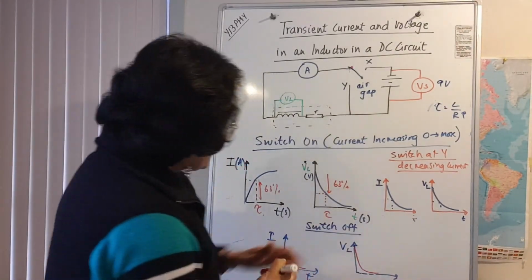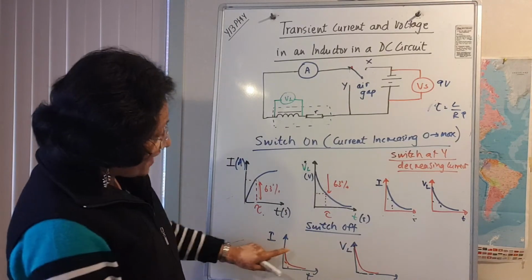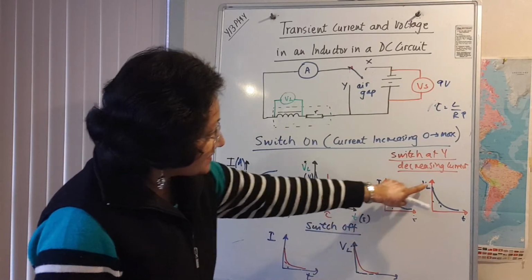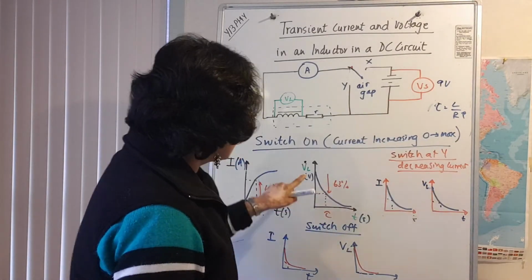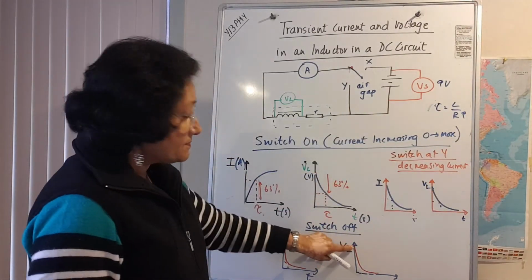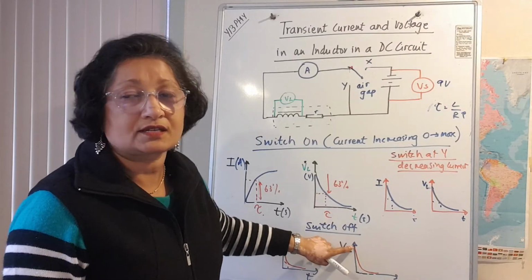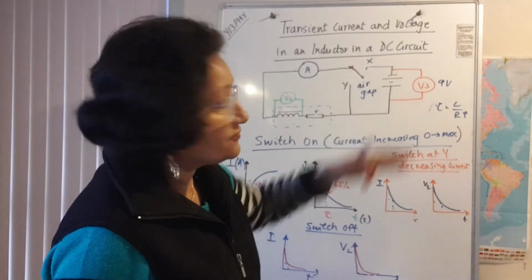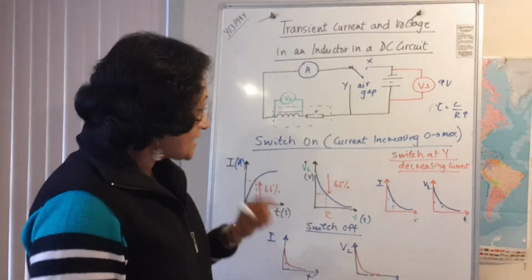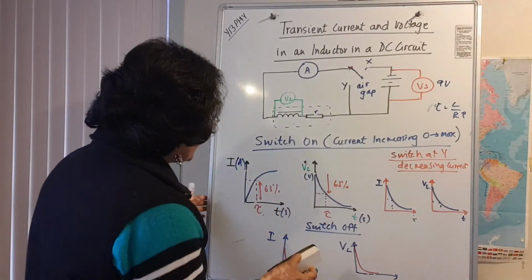So that's to do with the graphs. This one is much higher than any of these. If it was a 9 volt, that'll be 9 volts, that'll be 9 volts. But this could be 90, it could be 1000, it could be a huge number, depending on the inductance and a few other factors.